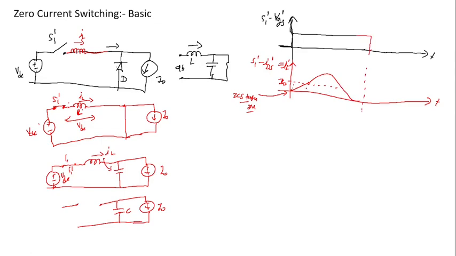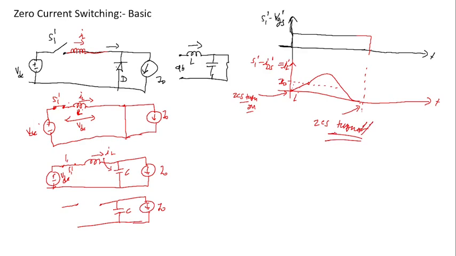At the starting of the switch, the current is limited by the inductor L, and here the switch current is turned off. Not exactly automatically; actually that current is being carried by the capacitor C. So this is called the ZCS turn off. This is the basic principle of zero current switching.